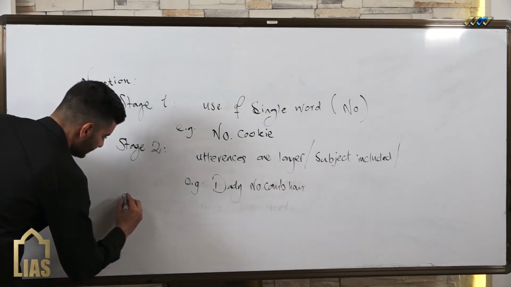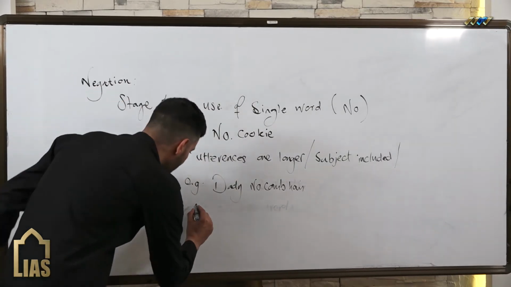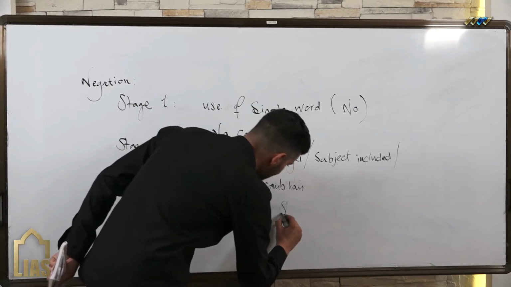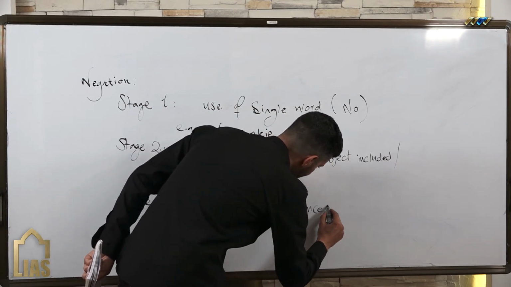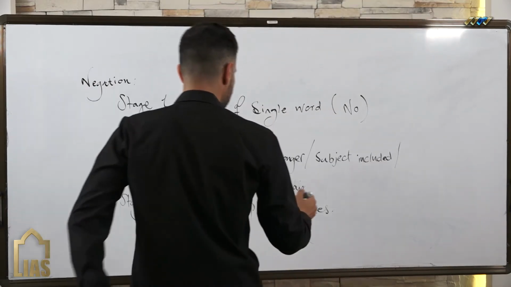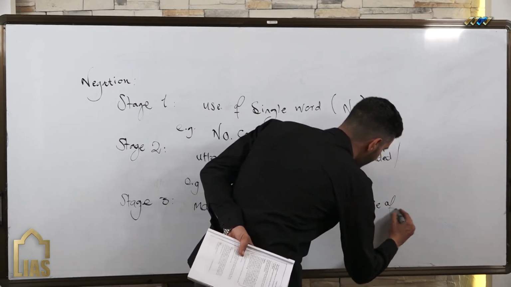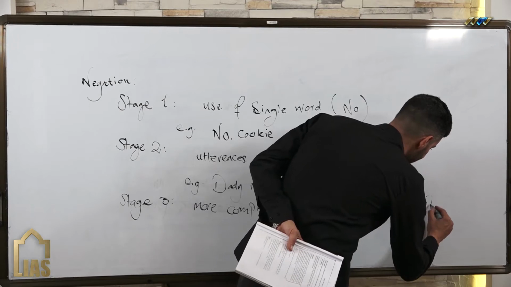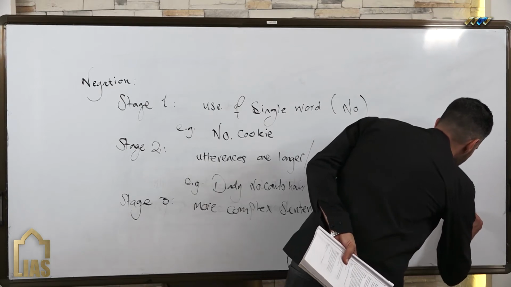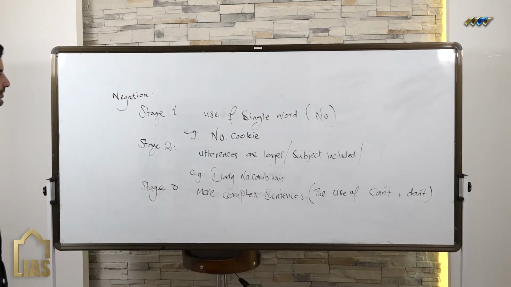So at stage 3, we have more complex sentences and the use of can't and don't. Yes, can't plus don't. That's stage 3.